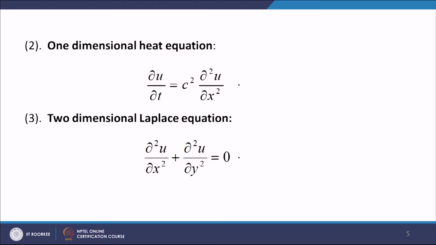So, it is a second order first degree linear homogeneous equation. And this is the second order two-dimensional Laplace equation. This is again a second order linear differential equation of first degree, homogeneous and linear.